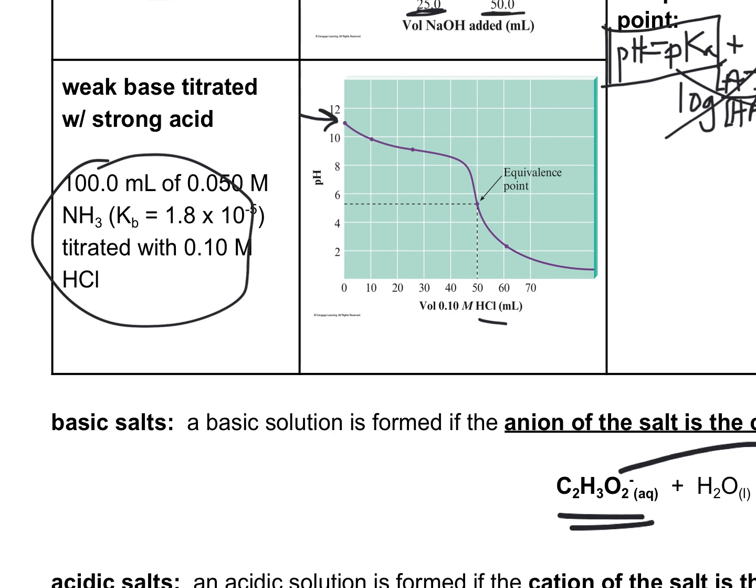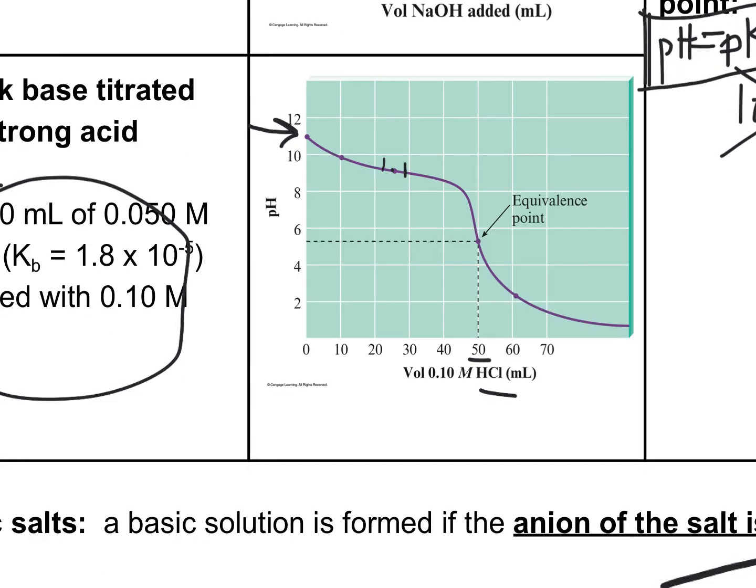Our equivalence point occurs once we have added 50 milliliters of our hydrochloric acid. And so then the half equivalence point should be at about 25 milliliters, where that little dot is. And right around there, we should have kind of a flat area called, again, the buffer region. So maybe something like that.